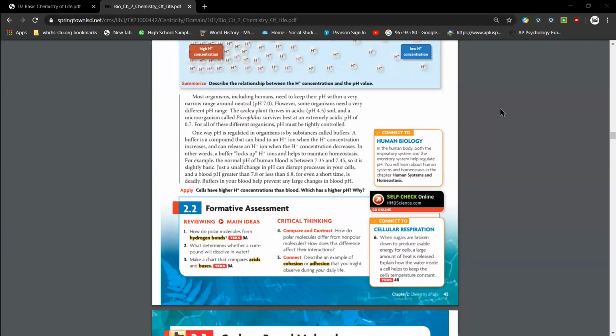Yeah, so the difference between acids and bases is that acids have a low pH, bases have a high pH. Also, acids have a high H plus concentration and bases have a low H plus concentration.